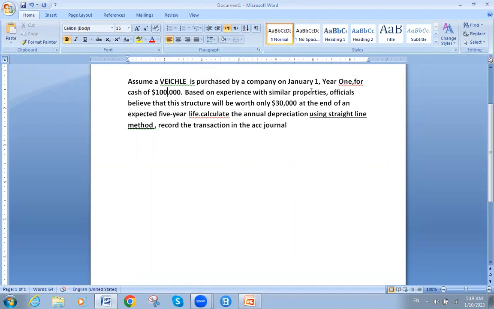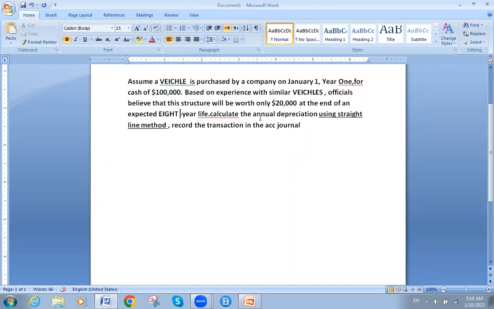Based on the experience of similar vehicles, officials believe that the vehicle will be worth 20,000 at the end of the expected life. Let's make it 8 years. E-I-G-H-T.